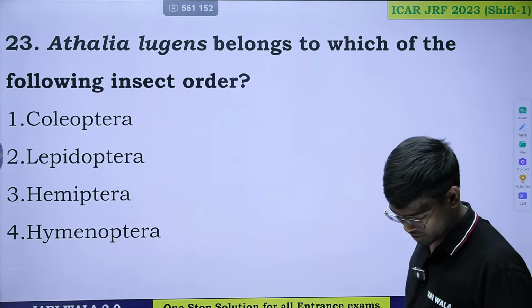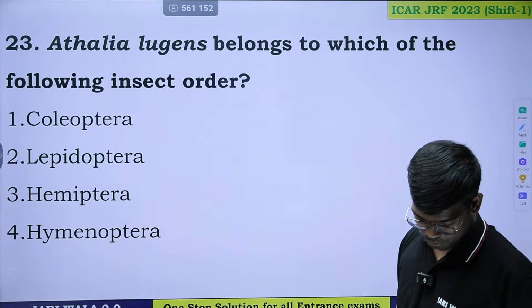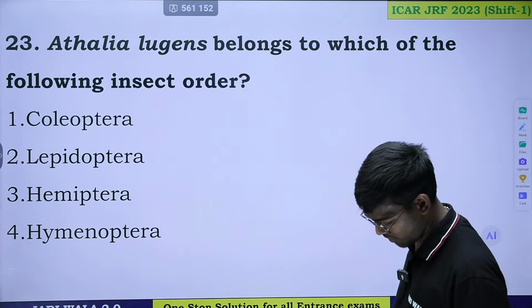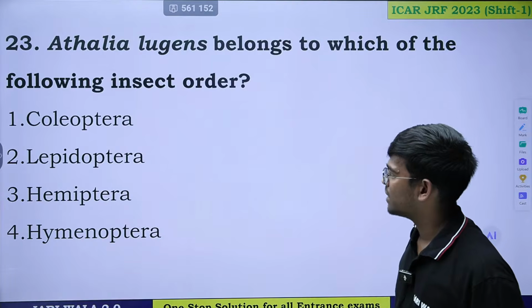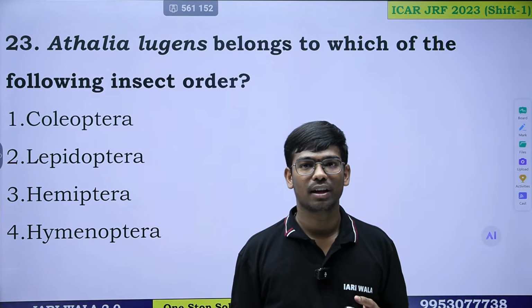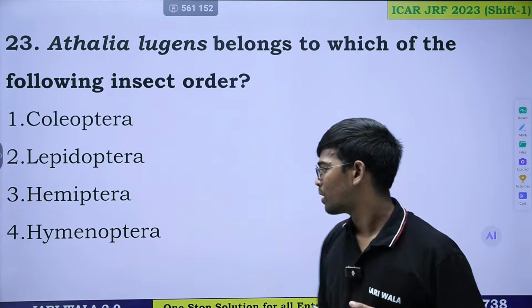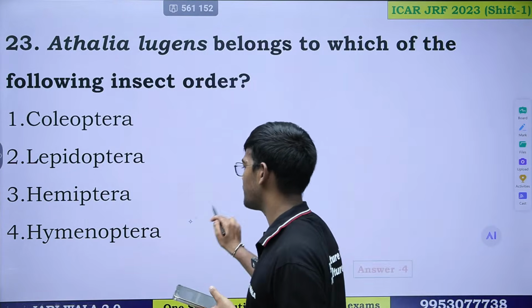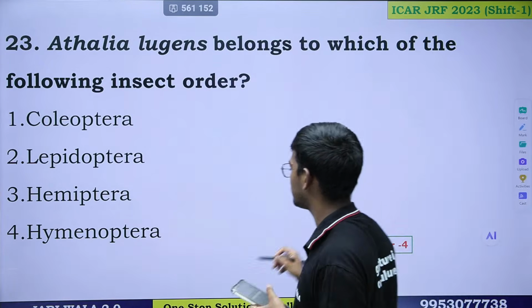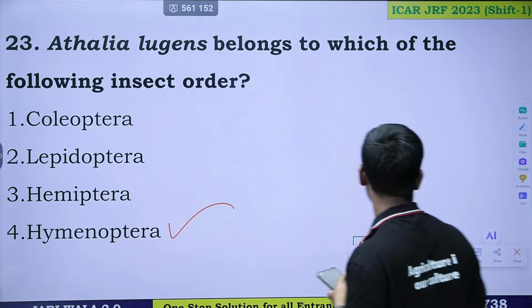Anchal Gupta, Chaya, then Sam, then Nisha, all were responding. It's 1. Athalia lugens proxima is, until now, the only known pest from Hymenoptera. Okay, that belongs to the family Tenthredinidae, order Hymenoptera.